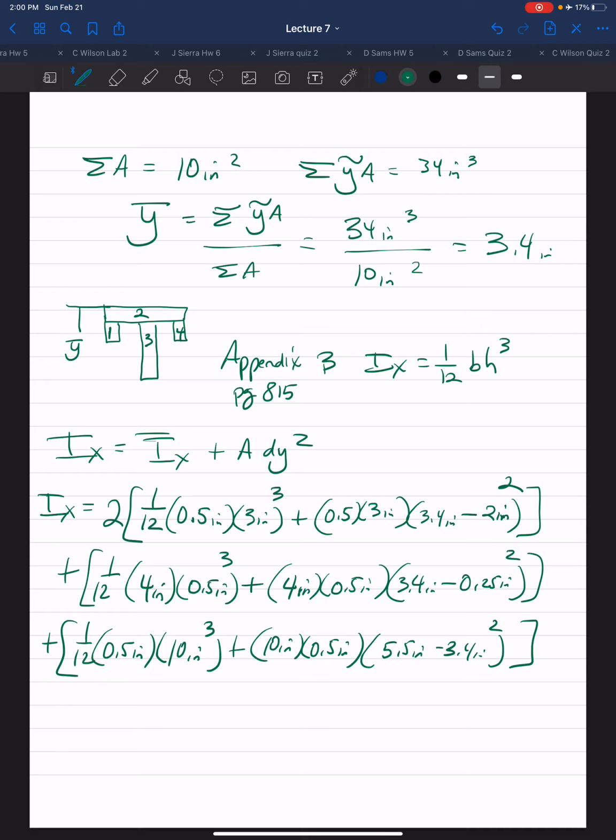Solve this out. Your moment of inertia gives you 91.73 inches to the 4.